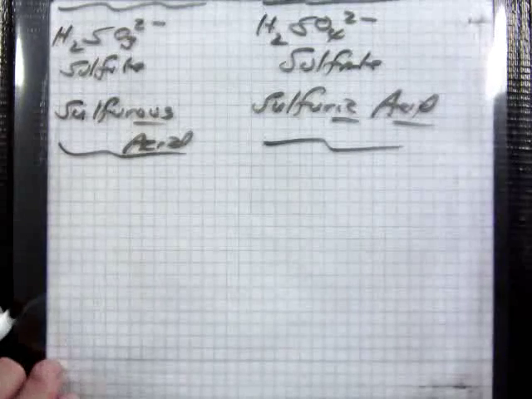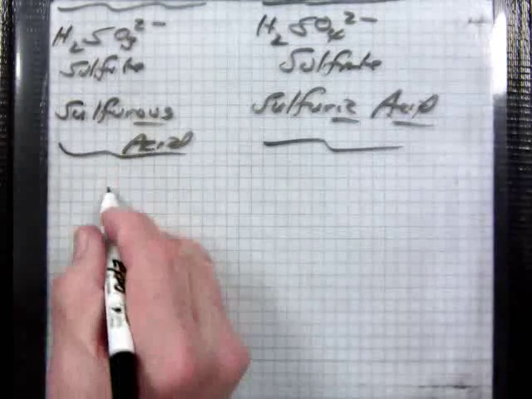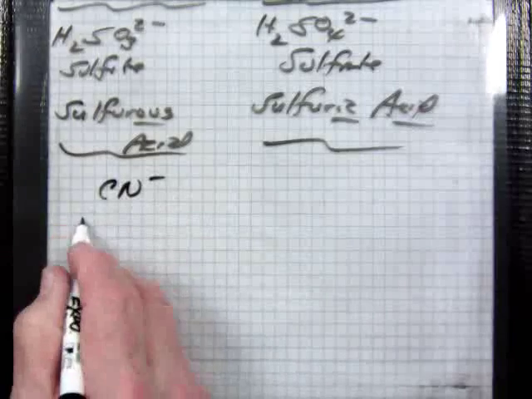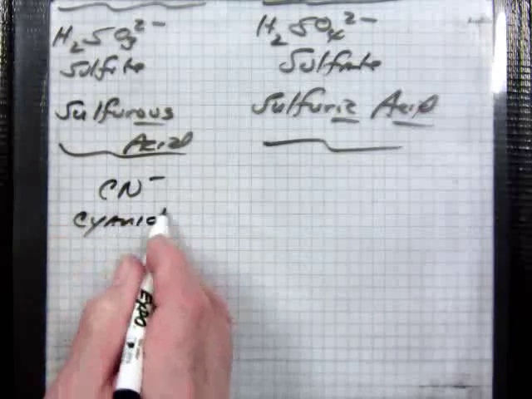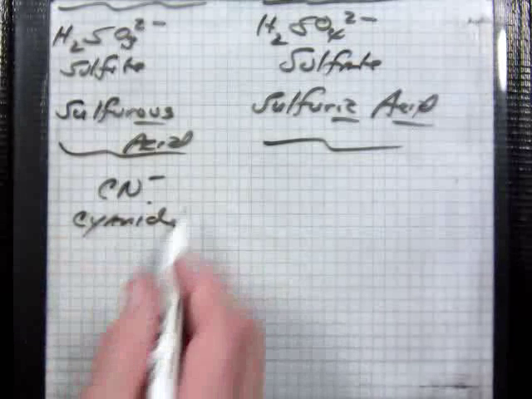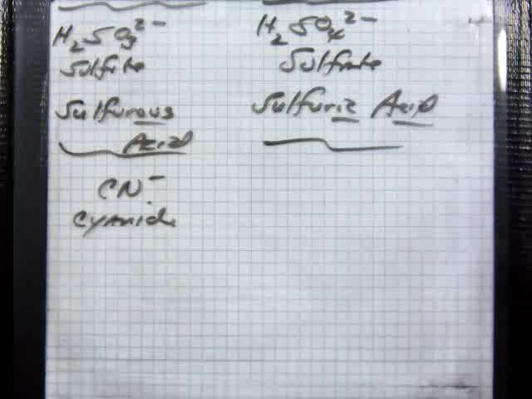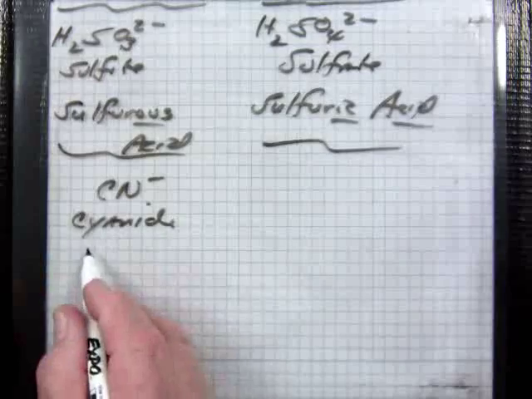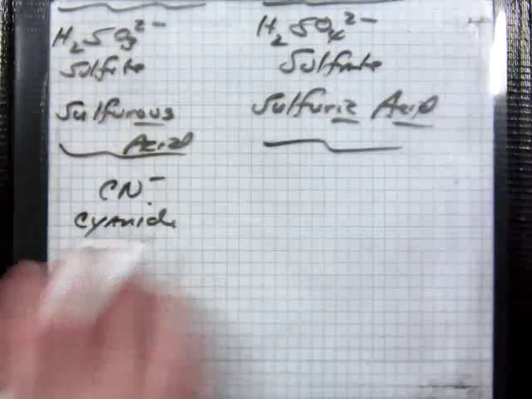One that's a non-oxo acid is the cyanide. It has an IDE ending, and instead of an ITE, it's cyanate, or the cyanate ion.